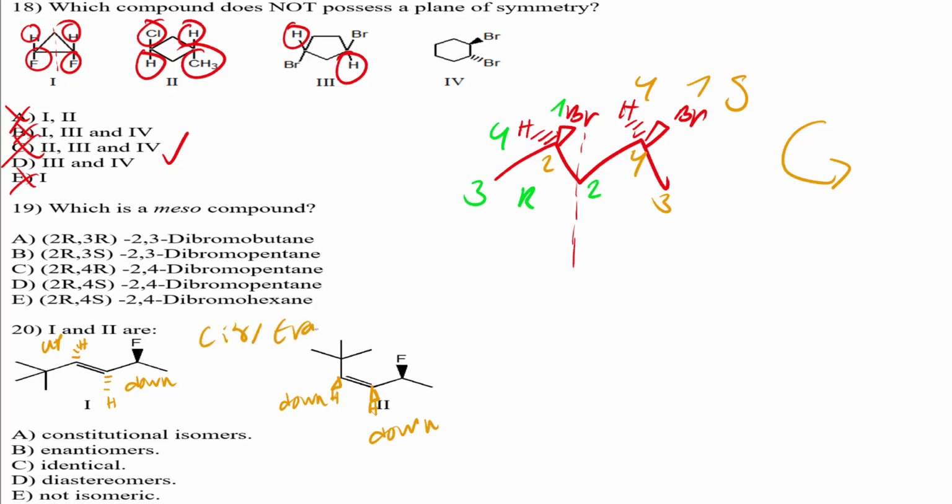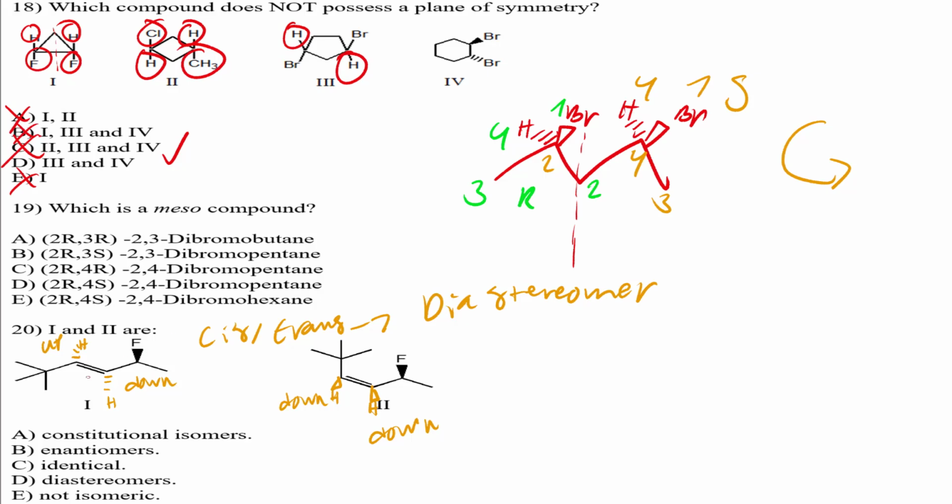So this is cis, trans, and that means that this becomes a diastereomer. And that is basically as simple as that. They're not enantiomers. I'm pretty tired, so I'm not going to actually write it out for you, but it would be diastereomer because of that cis-trans relationship between the double bond and the implied hydrogens.